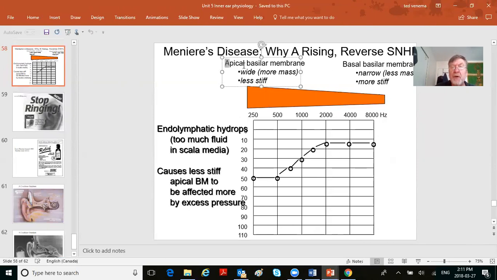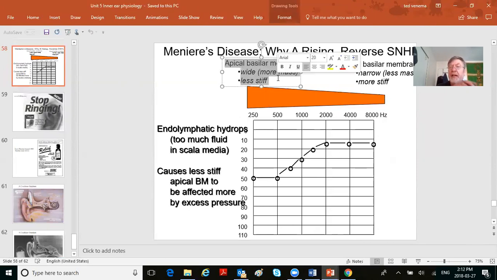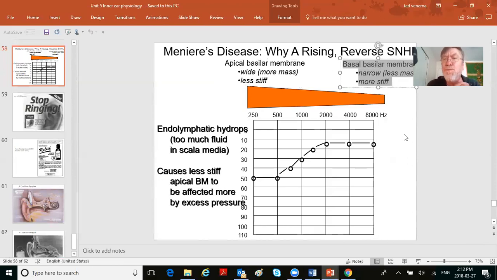The apical basilar membrane has more mass and it's less stiff. The basal basilar membrane has less mass and it's more stiff. So, if you add more fluid to the endolymph, which walls are going to bulge?